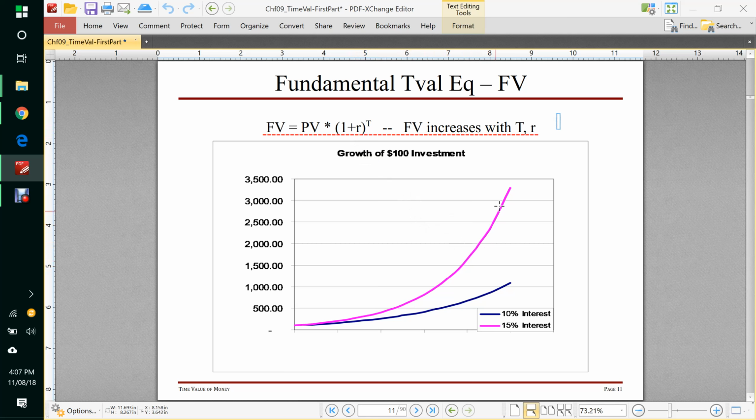So if we have a project with a higher interest rate and we let that run for say 7 years, we're going to wind up with a lot more money than if we have a smaller interest rate.